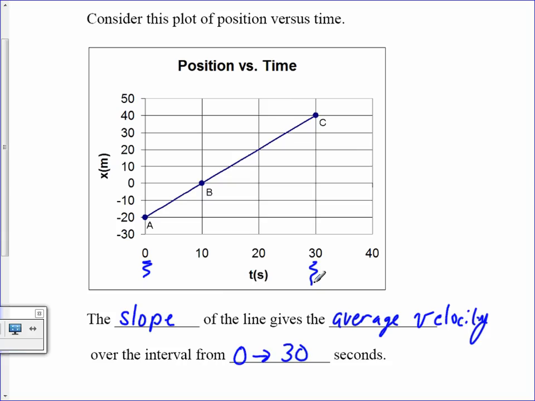So I could find my average velocity here. Let's see, I think it's on the next page.